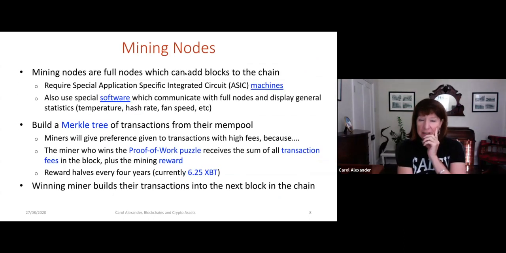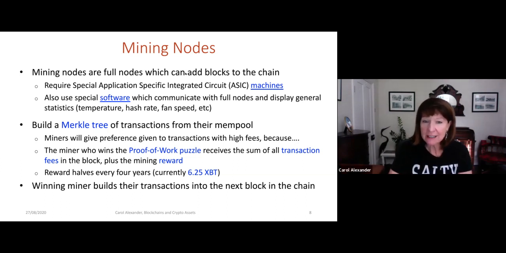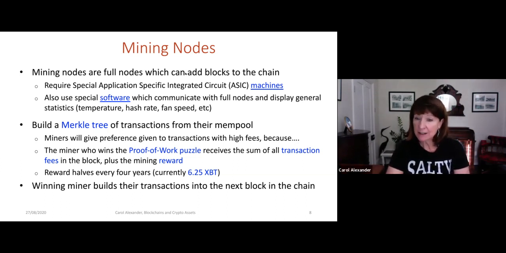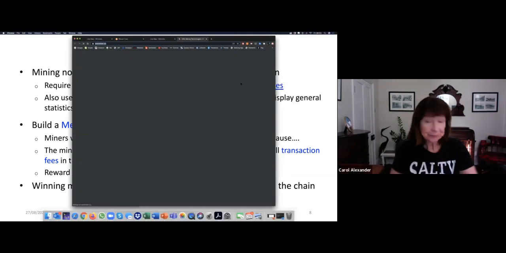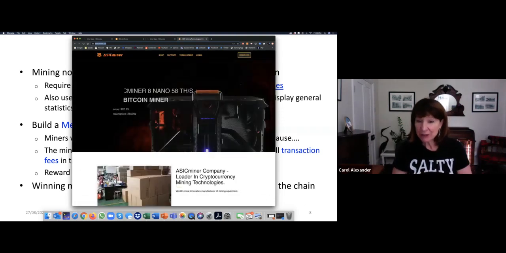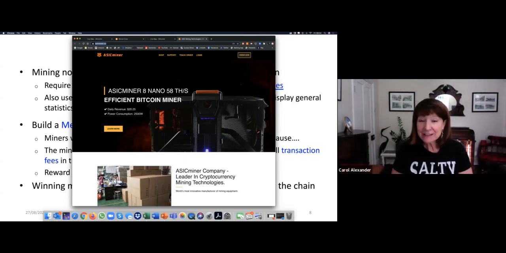So mining nodes are the full nodes which are able to add blocks to the chain. They build the chain, and they require some very specialized machines, ASIC, application-specific integrated circuit machines. And these machines get updated periodically. So if you bought one a year or two ago, it's not going to be powerful enough to compete with the latest ASIC miner, 58 terahertz per second.